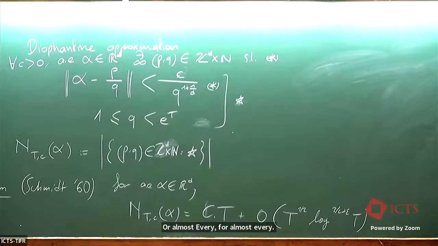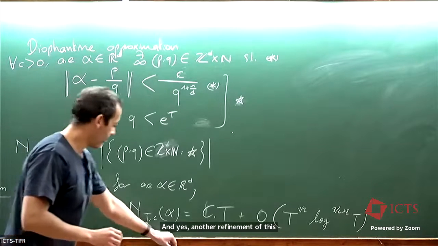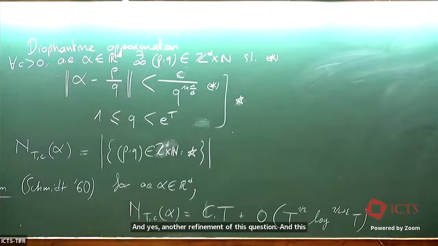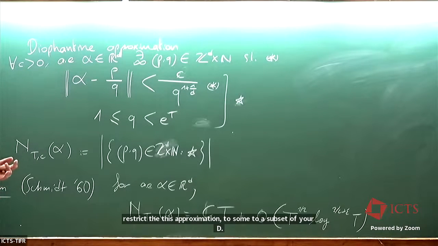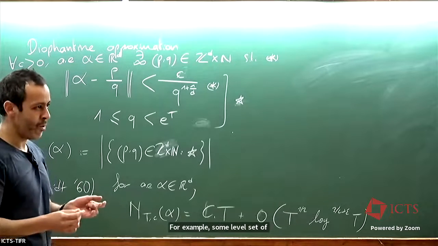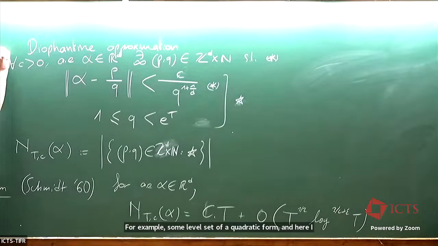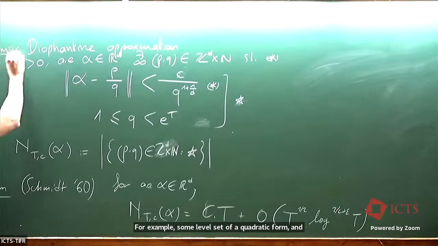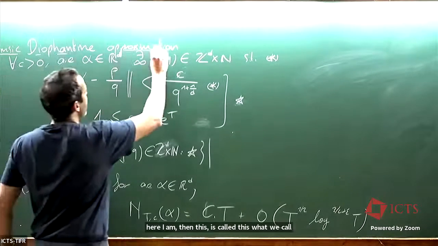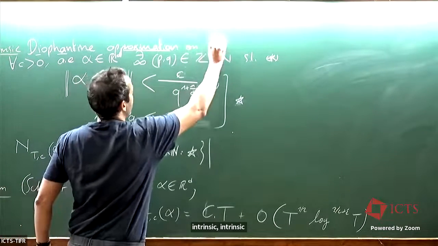Another refinement of this question, and this is more specifically the topic of my talk, is to restrict this approximation to a subset of R^d, for example some level set of a quadratic form. This is what we call intrinsic Diophantine approximation, and I look more specifically at the sphere.